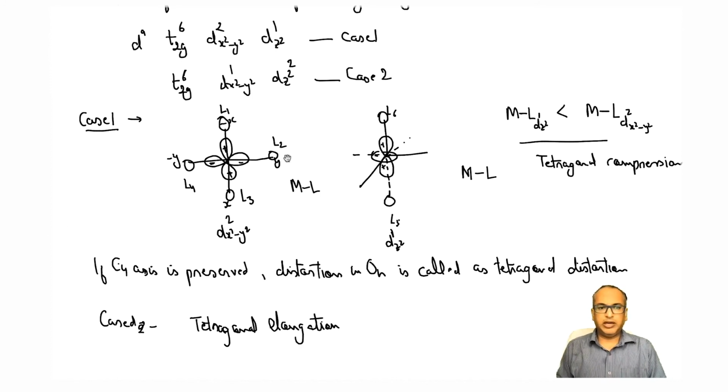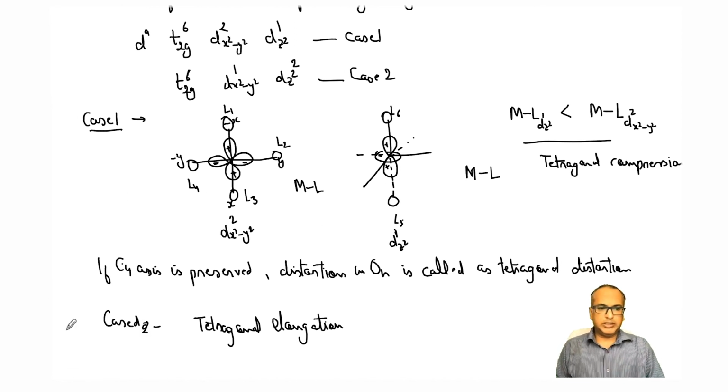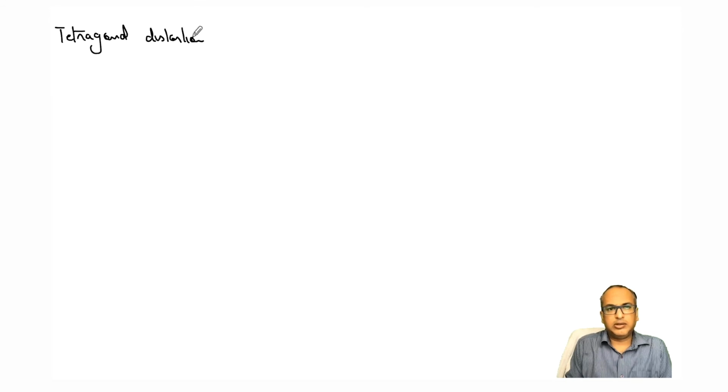This should be very clear now. Should not be a problem. So let's move to the next page and let's discuss tetragonal distortion a little bit more. If there is a tetragonal distortion to octahedral, we know that the C4 axis is preserved.